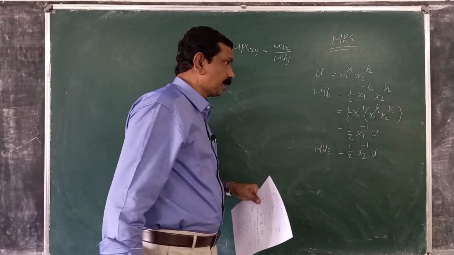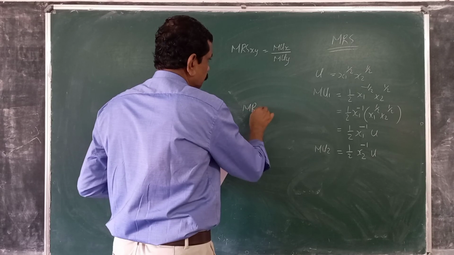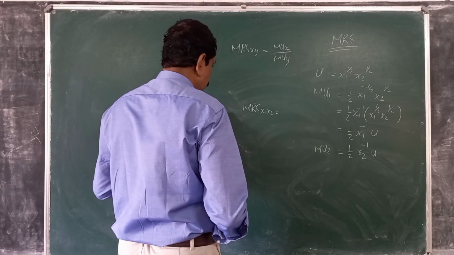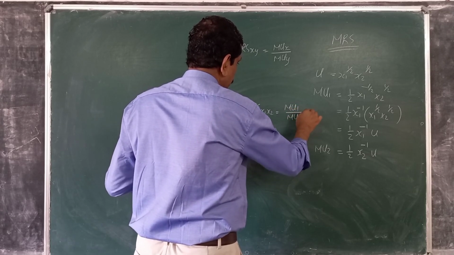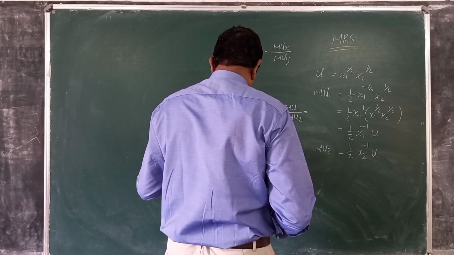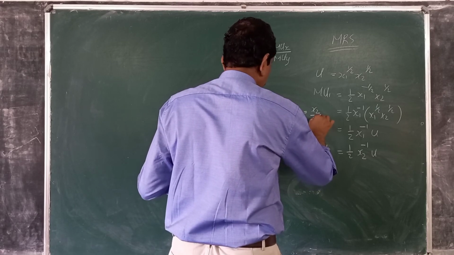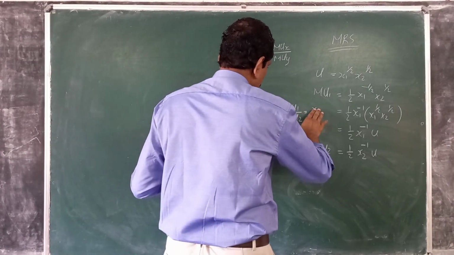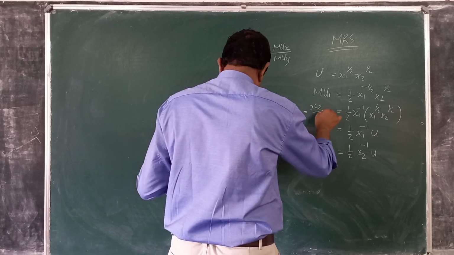If u is given as x1 raised to half, x2 raised to half, then it follows that MRS x1x2 is equal to MU1 by MU2, which is x2 by x1.